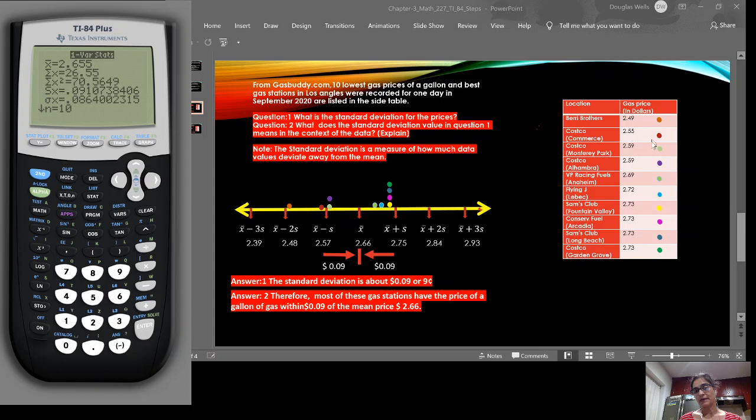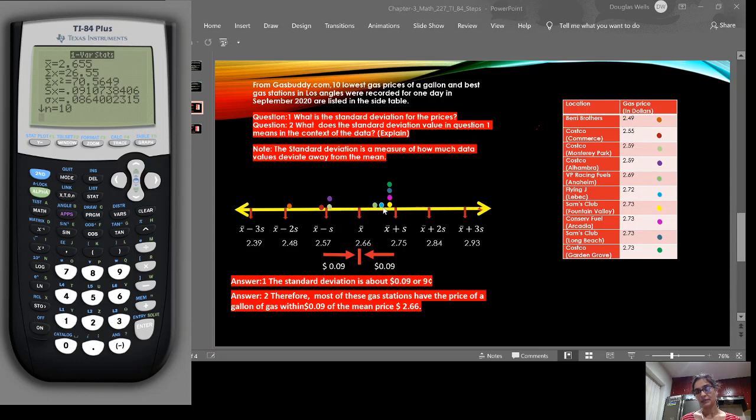So what I did, everybody, is I took these colorful dots and placed them on this chart I created, approximately. So the first gas price, 2.49, is a little above 2.48, so placed here. Second value goes here. Third and fourth, I stacked them up because they were the same.